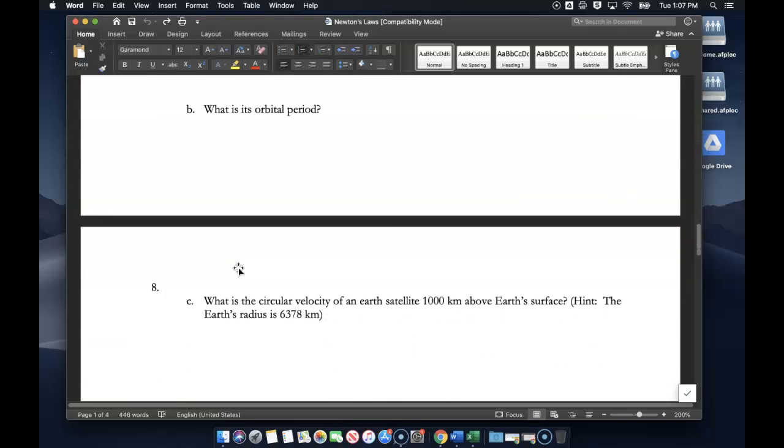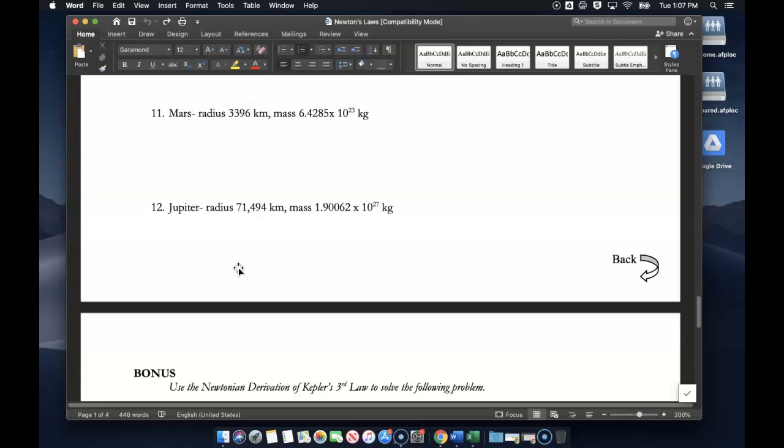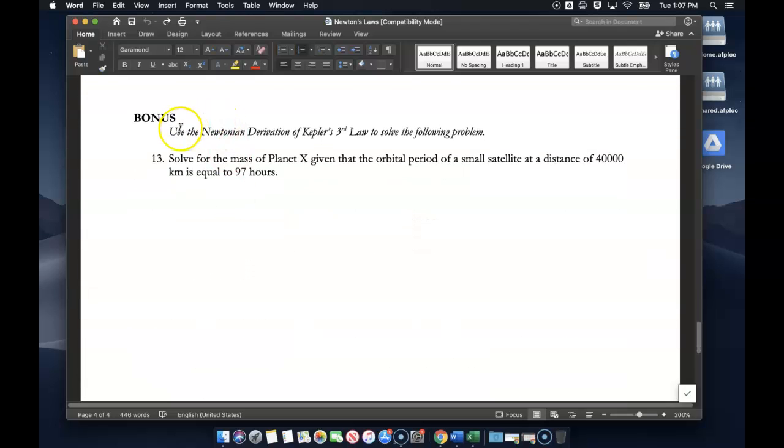Finally, at least, is the bonus opportunity. For this one, it says use Newton's derivation of Kepler's third law to solve the following problem. So solve for the mass of a planet, given that the orbital period of a small satellite at a distance of 40,000 kilometers.